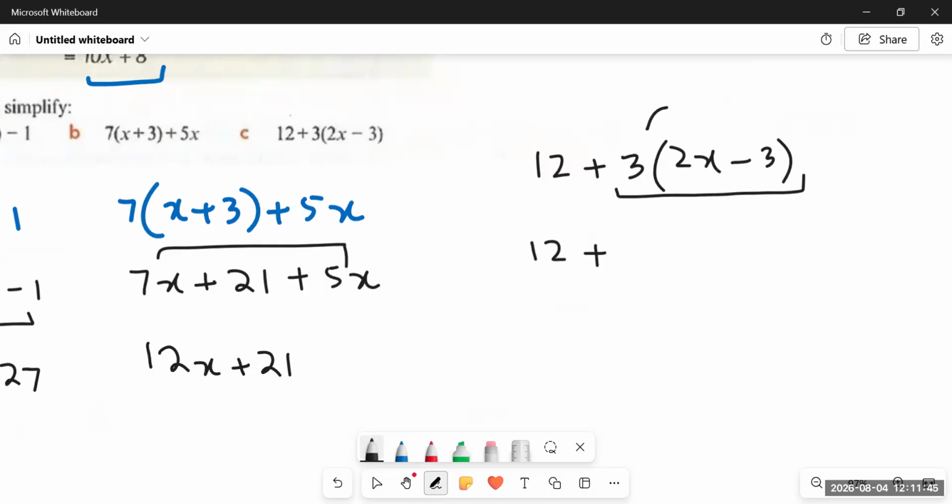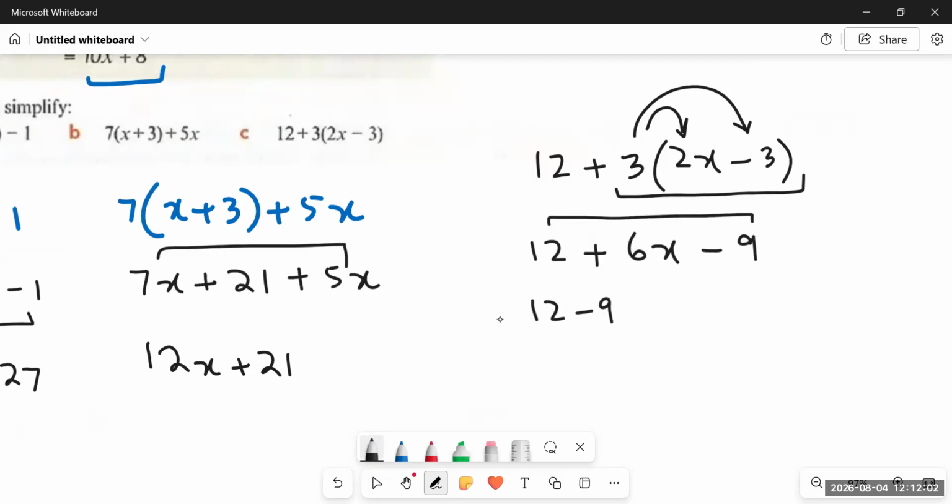Applying the distributive law, it is 6x minus 9 first. Just keep this in mind that you have to apply the distributive law. And then we have 12 plus 6x minus 9. So we'll combine 12 with minus 9. So 12 minus 9 equals 3 plus 6x. Or you can write it as 6x plus 3. That would be the answer.